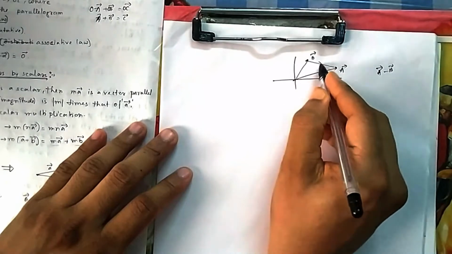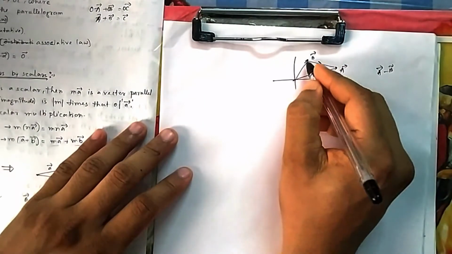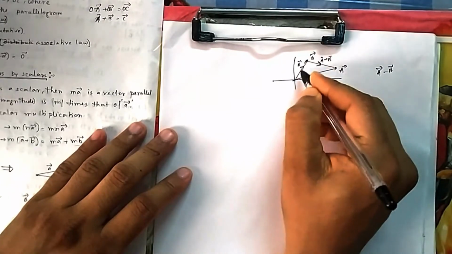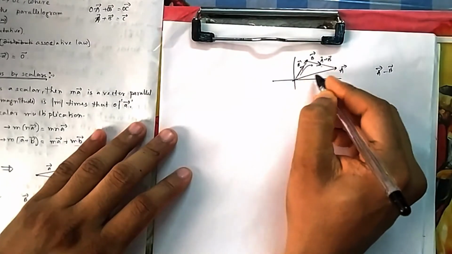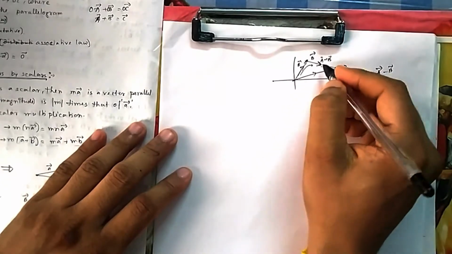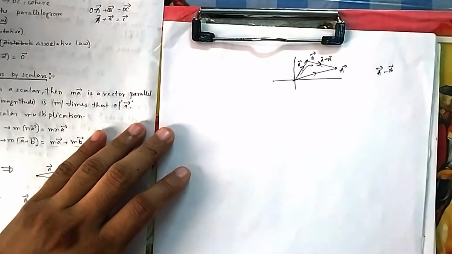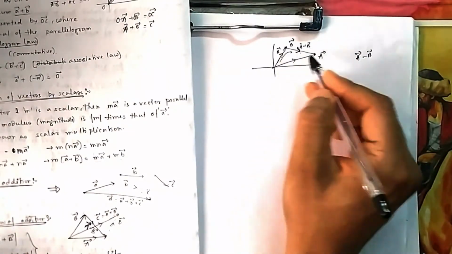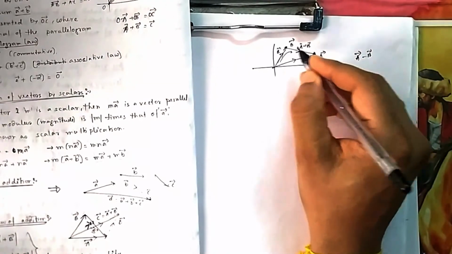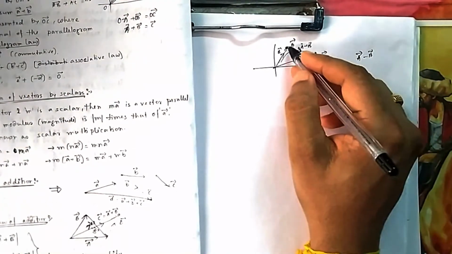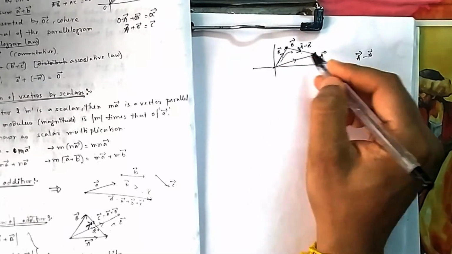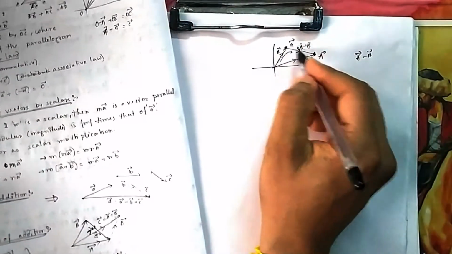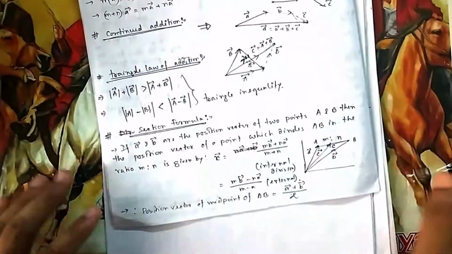This one will be the A minus B vector, because this is the B vector, this will be A minus B. You can see continuity, B plus A minus B should be equal to this, so B will get cancelled, and you will get A. So at any time you can now find any vector when two points are given, initial and final. Suppose the initial position vector and final position vector are given, and you need to find this vector. This is initial, this is final, so final minus initial is your answer. That is known as the triangular law.